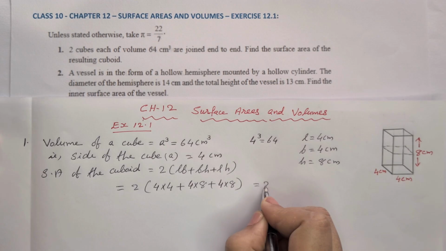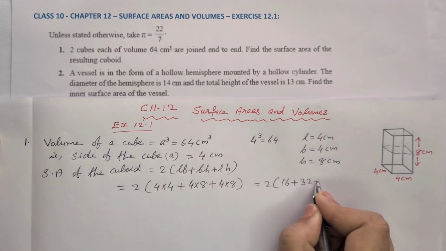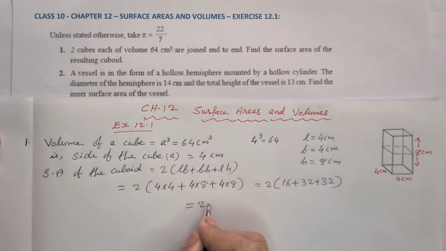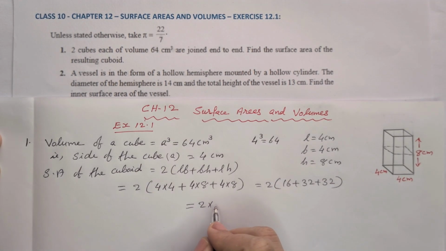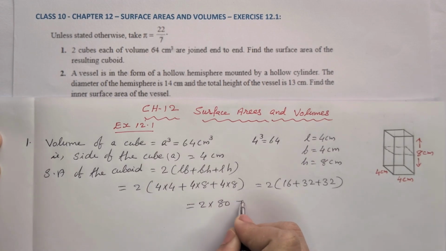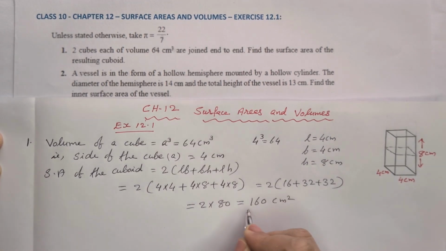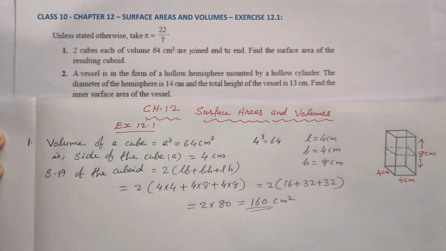So which is equal to 2 into (4 into 4, 16, plus 32 plus 32), which is equal to 2 into 80, is equal to 160 centimeter square. So total surface area of this cuboid is 160 centimeter square.